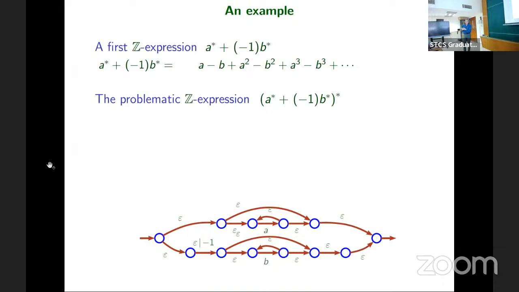The star of the series is the sum of all powers. So it's obvious that there is no problem taking the star of a series with positive valuation, because any word of length n will appear in at most the first n powers of the series. Okay, so the sum is well defined.